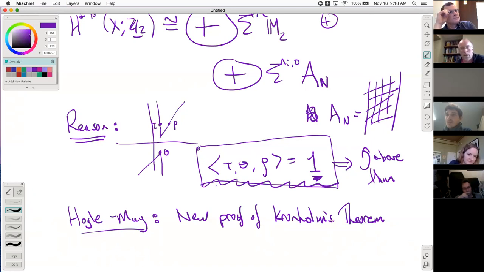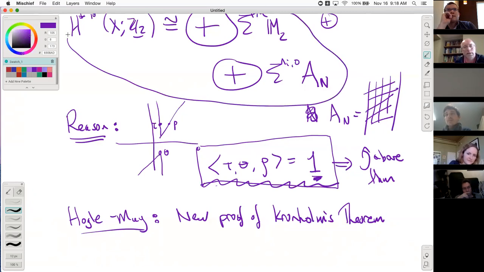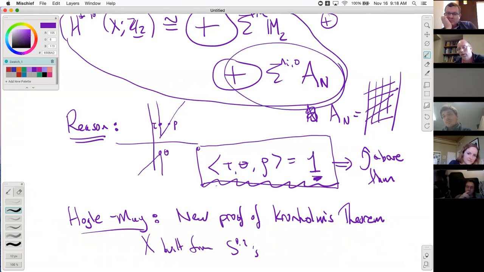But I think that they're able to get this directly from this kind of decomposition. So all they need to check is that if you have a space which is built from SPQs, then you can never get these ANs appearing. Once you realize that, they're gone from the picture and you just have your M2s left. So that's the idea there.